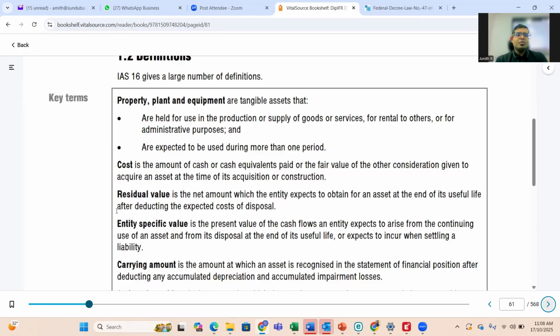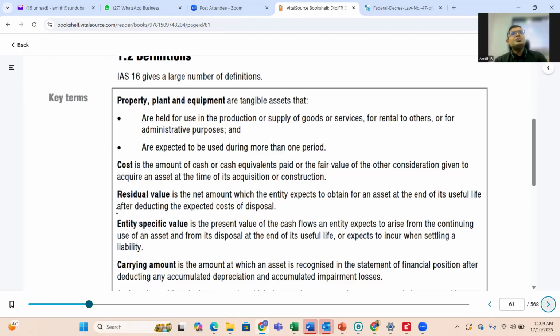Now, what is an entity specific value? I don't think it might be something new, though it was new for me. Entity specific value is the present value of future benefits I'm going to get by holding this asset. If it is an asset, it should give me some economic benefits, right?